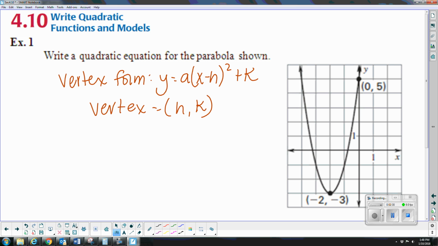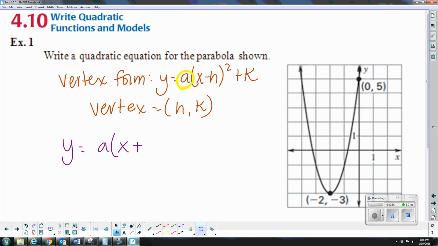So we can get the vertex just from what's given, but we still need this piece. We still need that constant a. So we can write the vertex, and let's go ahead and put it in vertex form, and we'll leave a in the equation. So we know that y equals a times (x minus h) squared plus k.